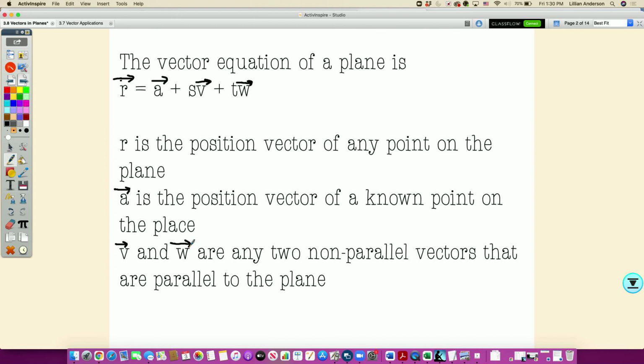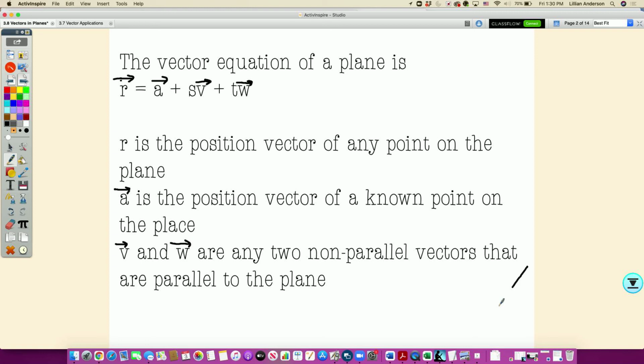And if you recall, a plane from geometry is a three-dimensional figure that extends indefinitely in all directions, okay? Well, if you have a vector that is parallel to a plane, that basically means that you are traveling along the vector and staying on the plane at the same time.